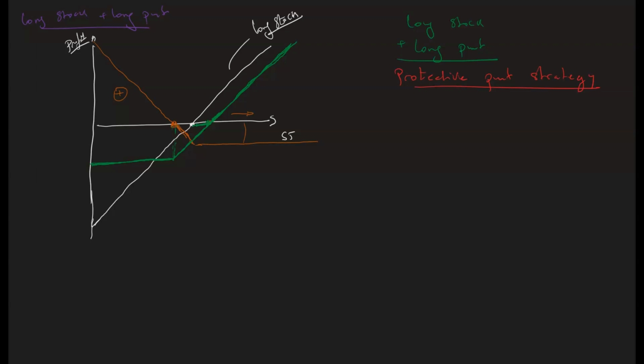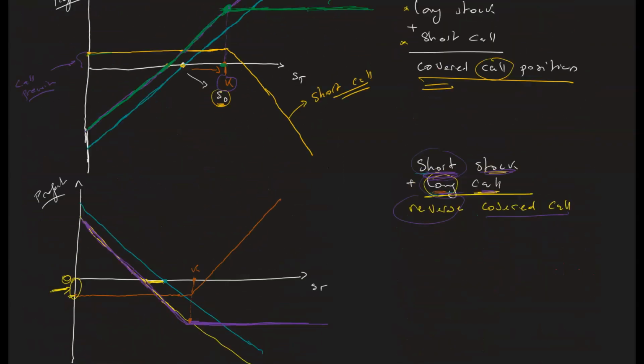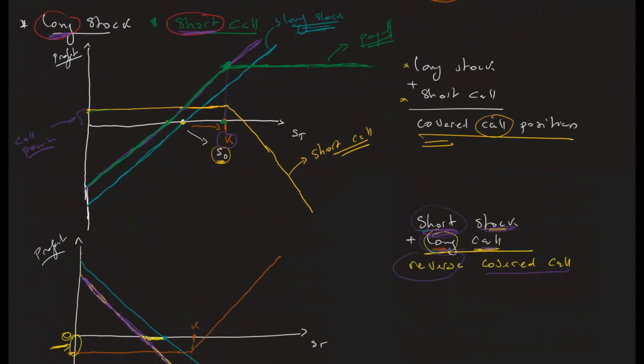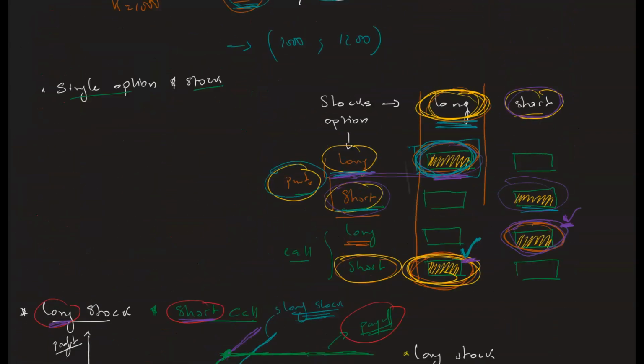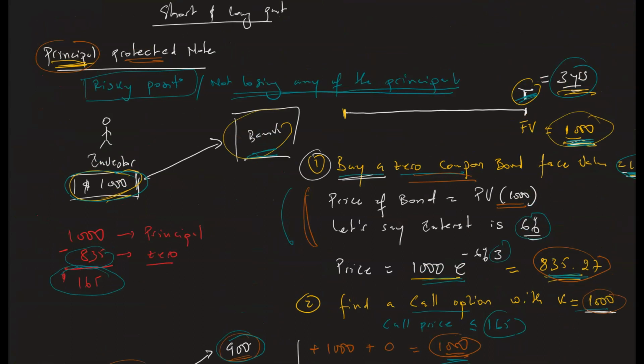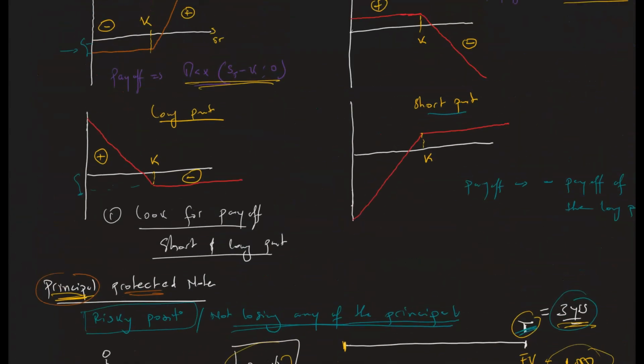So early on, we looked at long stock short call, and that long stock short call had a payoff or a profit structure that looked like what we had there with the green line. Now what does that green line also look like? It also looks like something that we had earlier. If we go all the way up, it looks like our short put.